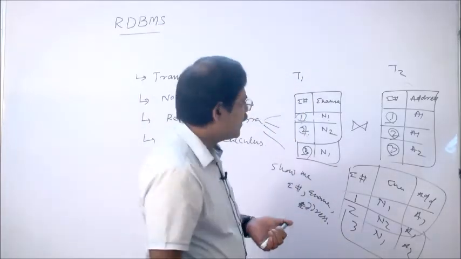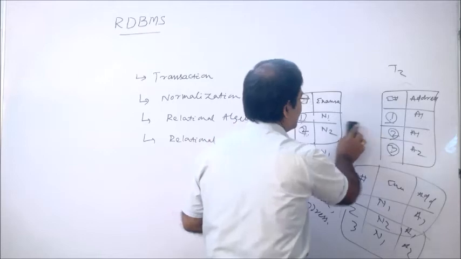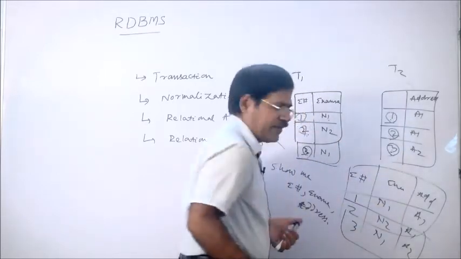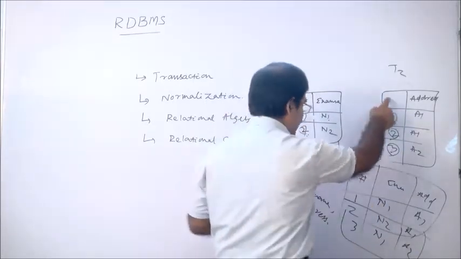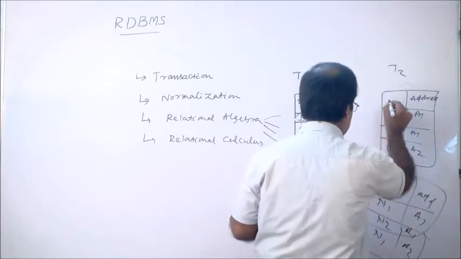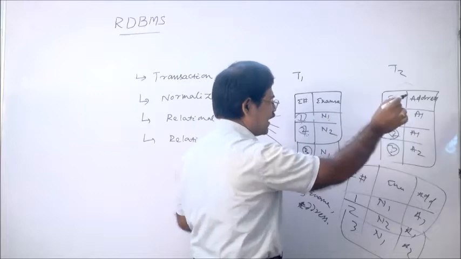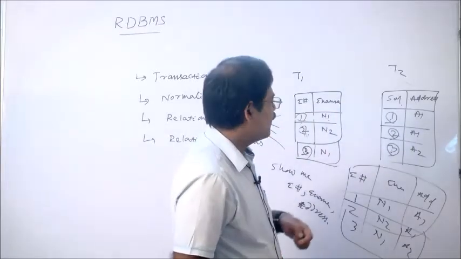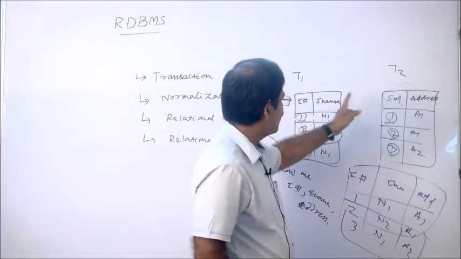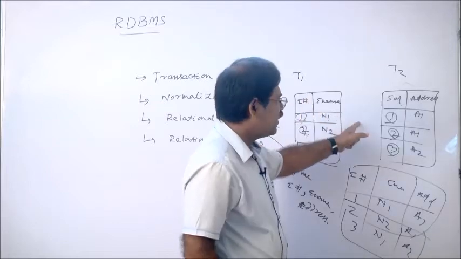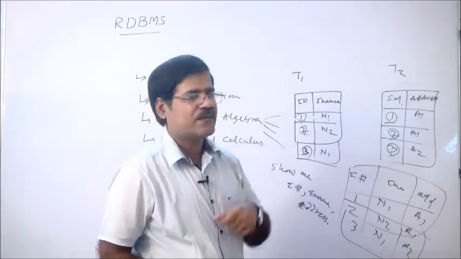When is the Cartesian product required? Suppose there is another field; here it is not an employee number, it may be salary or whatever it may be. But here all the fields are distinct, with no common fields. In the previous table, here it was an employee number and here also an employee number. For joining two tables, a common field must be required.